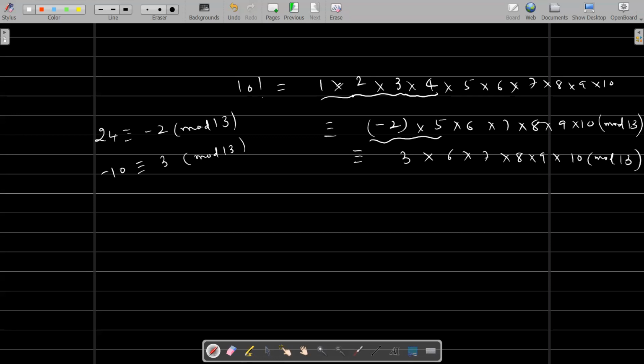Sir, I have a question. Yes. Sir, in your first method, where you simplified as 10 factorial multiplied by 1 plus 11 plus 11 into 12, in the end, what are you calculating? Because you still have to know what 10 factorial mod 13 is. Yes. But your method is more straightforward.